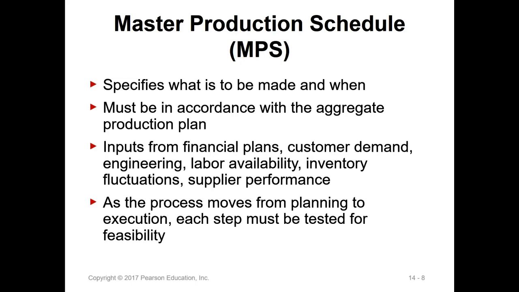So this is the example to show the difference between the aggregate production plan and the master production schedule. And who will make the master production schedule? Who will make the aggregate production plan?